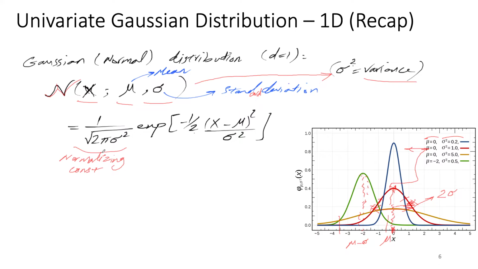Again, we want to make sure that the area becomes 1, and you have a quadratic form of exponential. So this is e raised to this value, right? So you have x minus mu squared divided by the variance.